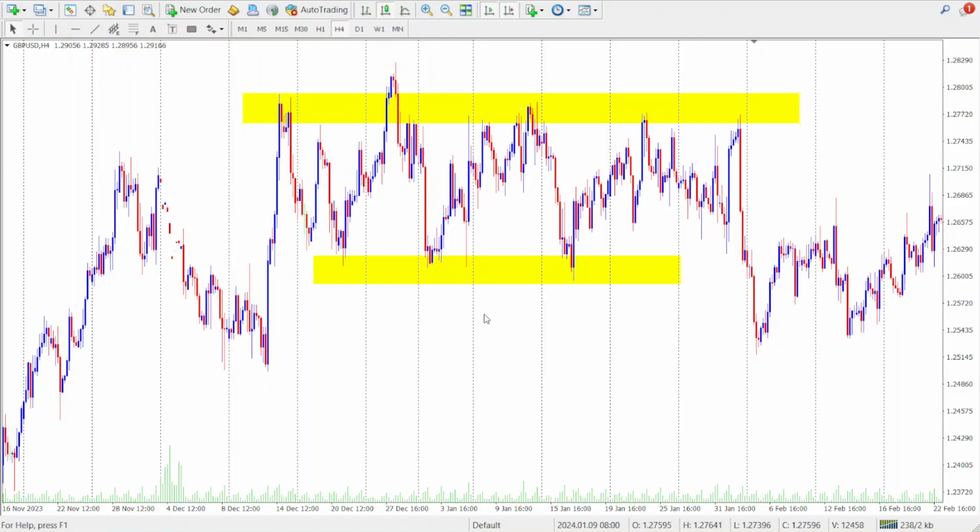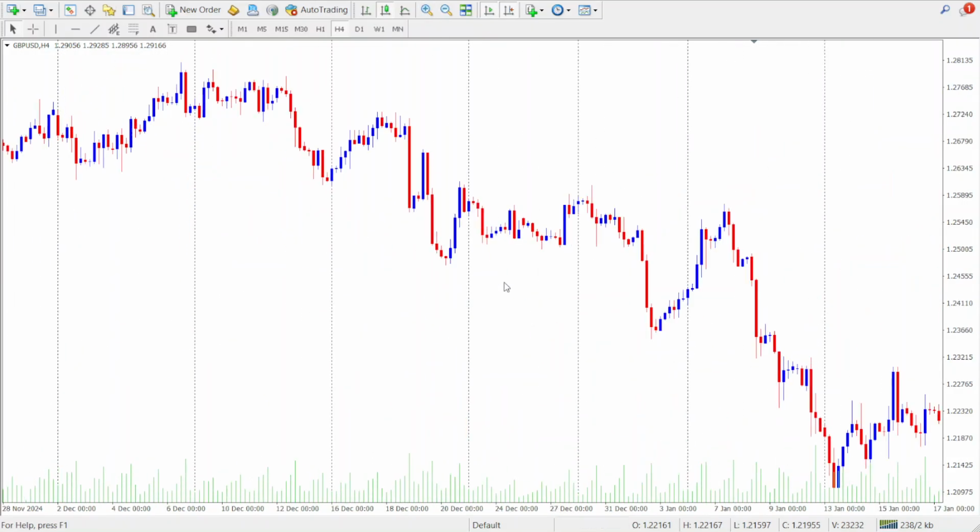You look for strong moves away from a level. You identify areas where price exploded away in a single direction with large momentum candles. You look out for the kind of candles that are forming, whether there are candles with significant momentum or weak momentum.